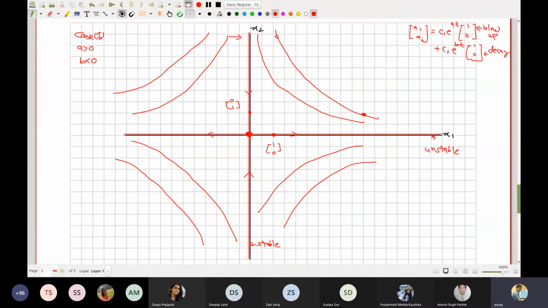If you are here, this means you have larger value of C2 and smaller value of C1, and so on. So you can take different values of C1, C2, and you will get all of these curves which will correspond to the solution. Now, what will be the direction? Well, the direction can be drawn very easily. This will be the direction, this will be the direction, and so on.